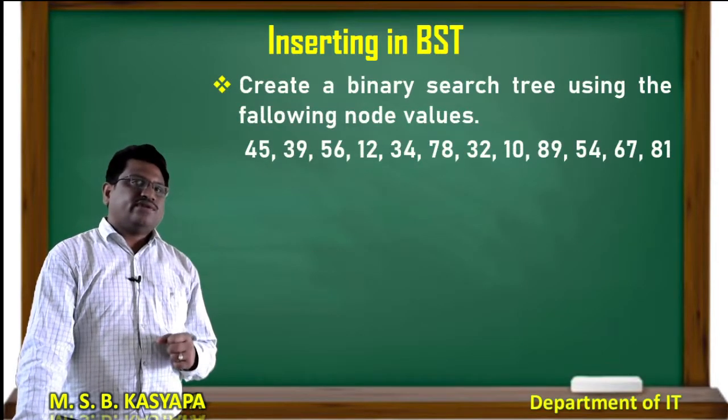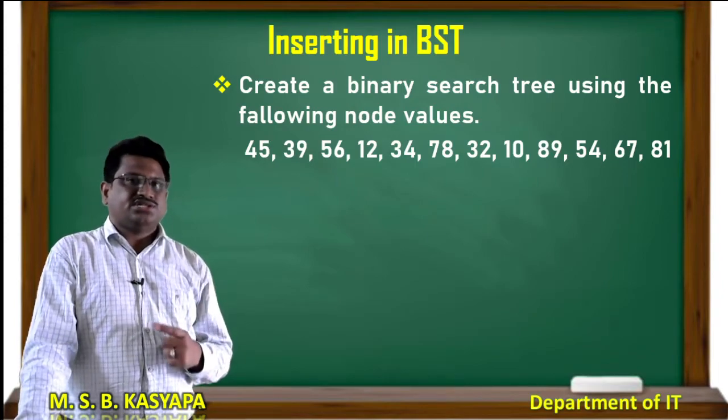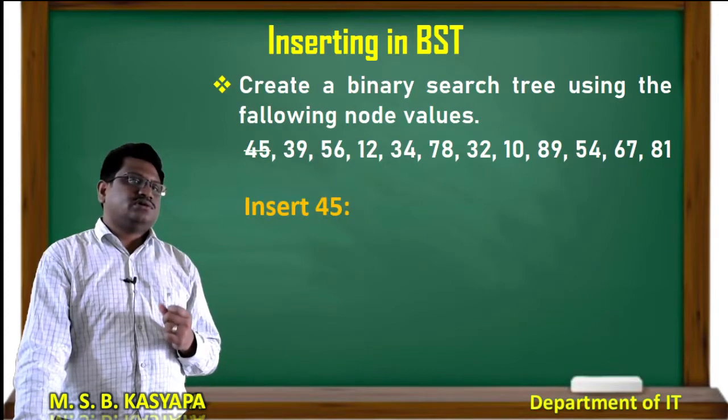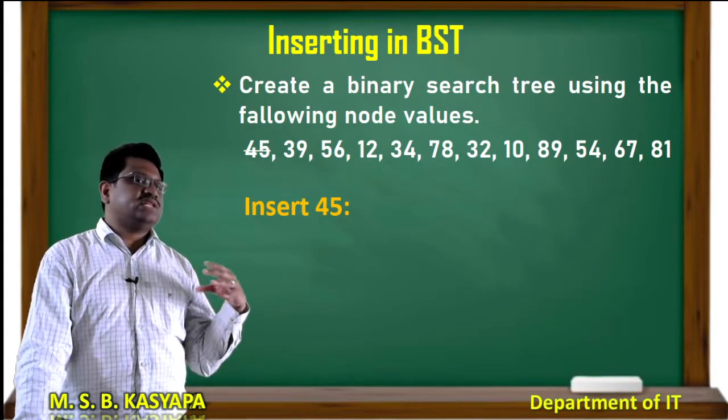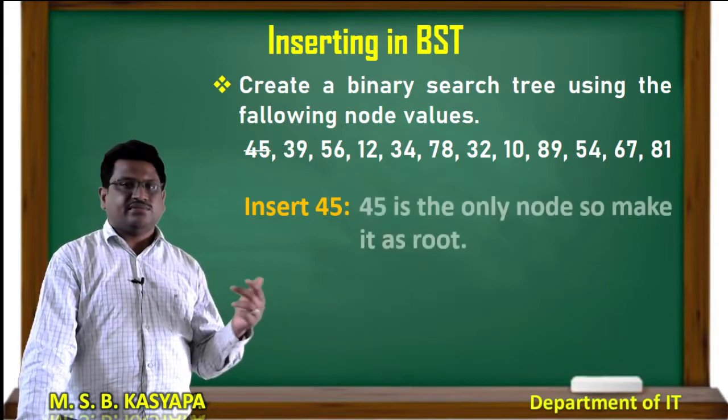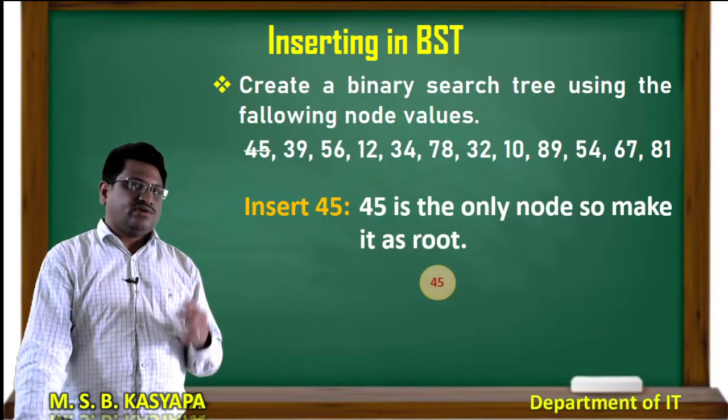Suppose I want to create a binary search tree with this data. First I want to insert 45. As you know, previously I do not have any values, so whatever value I insert first will be treated as the root node. So, 45 is the root node.